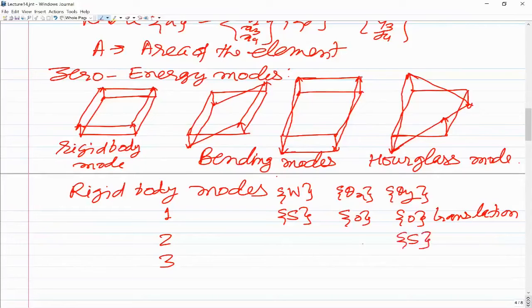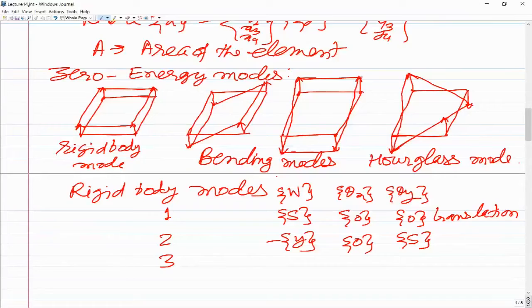So this is s, and this is 0, and then you will have this w. There is a rotation theta y, a rotation about negative theta y, which is the rotation about the negative x axis. So that will lead to displacements which are proportional to y.